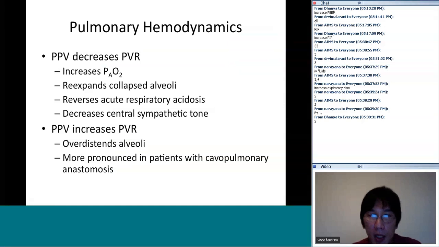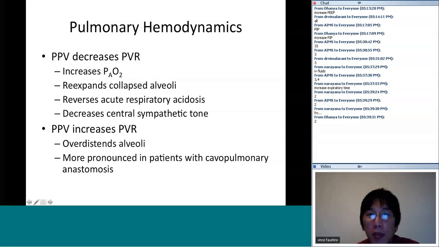So just to summarize that, positive pressure ventilation can decrease PVR. The diagram I showed you earlier is just one of the reasons for doing that. But by improving your arterial oxygen, alveolar oxygen content, you actually minimize hypoxic vasoconstriction.